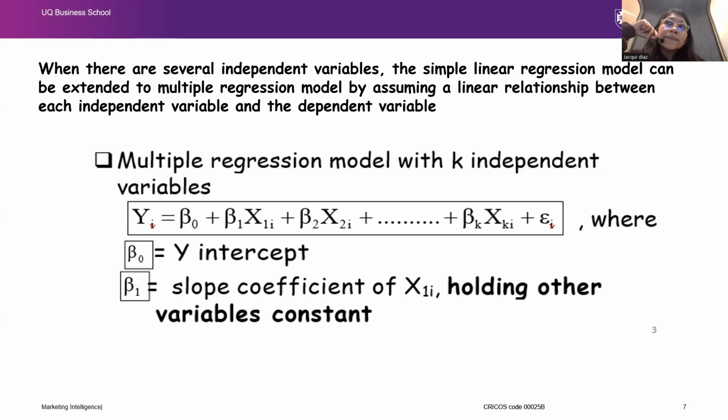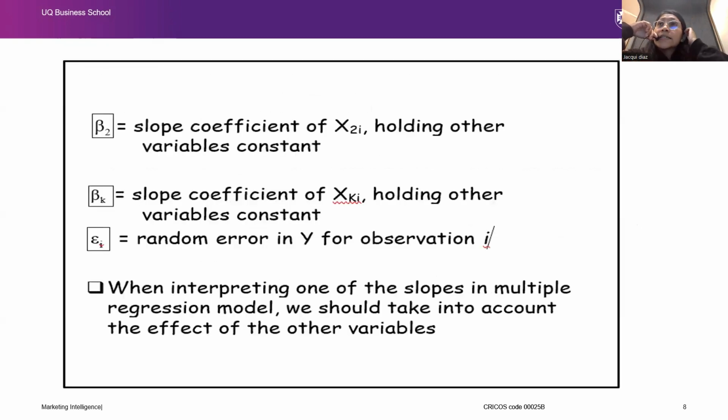When we are interpreting every coefficient, we need to consider that all the other variables are held constant. It is the same with beta 2, the slope coefficient of the variable x2 when all the other variables are constant. And bk is the slope coefficient of xk holding all the variables constant.